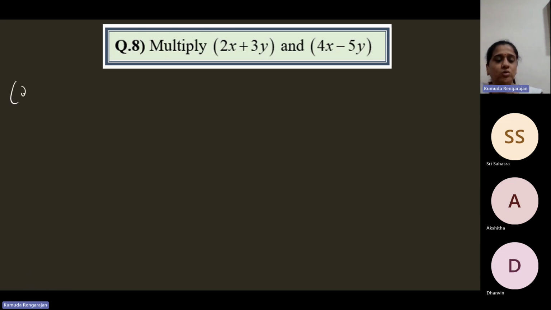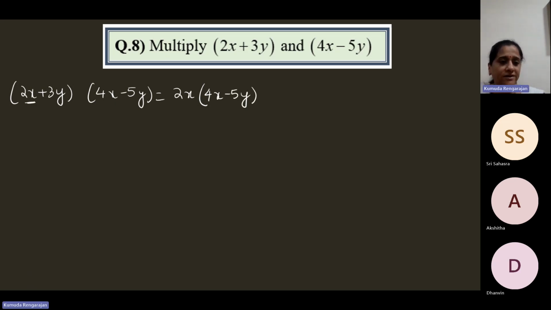So 2x plus 3y into 4x minus 5y is equal to, write the first term, multiply it with the second bracket. Write the second term, multiply it with the second bracket. This is how we multiply.